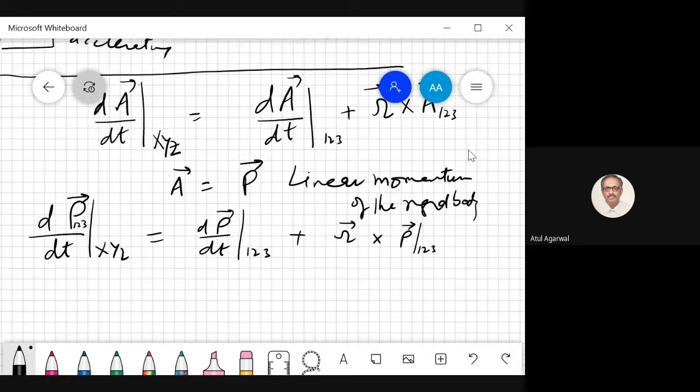Now, what is this P? Nothing but mass into velocity. You can take it as the velocity of the center of mass. Now, what is this dp by dt with the capital XYZ system?